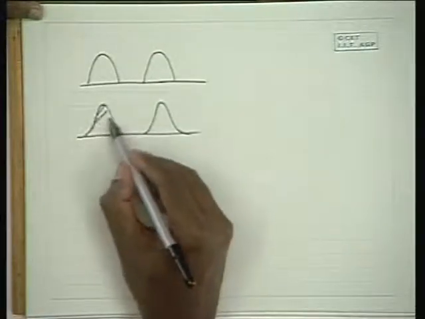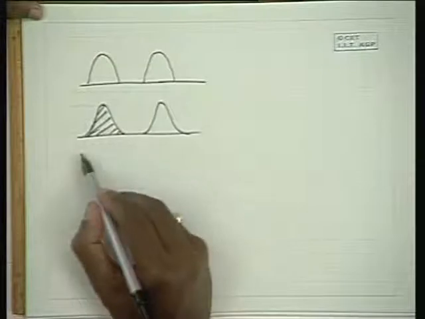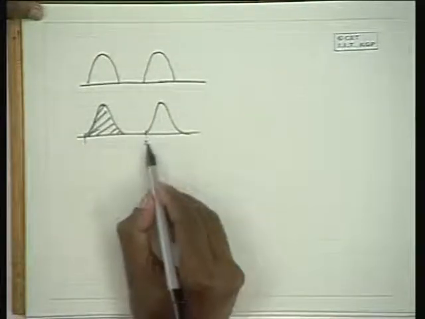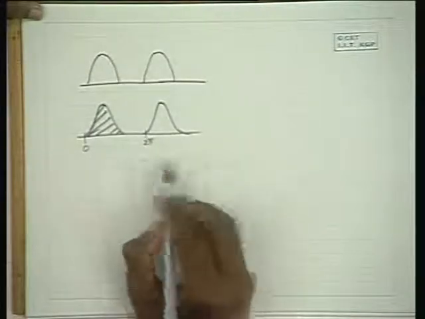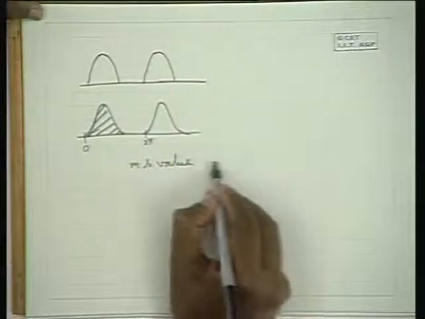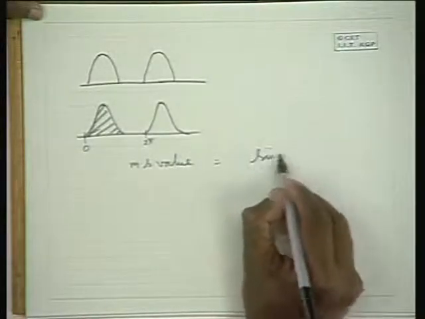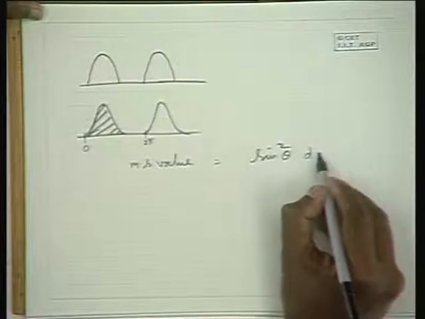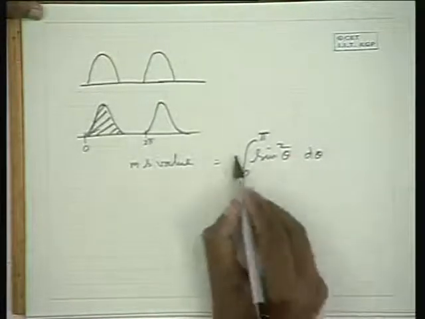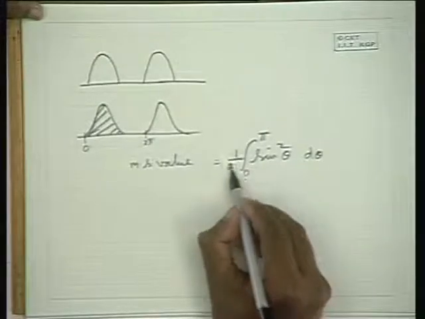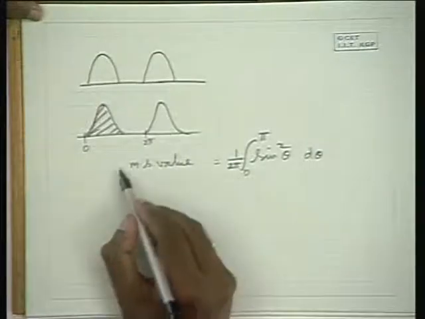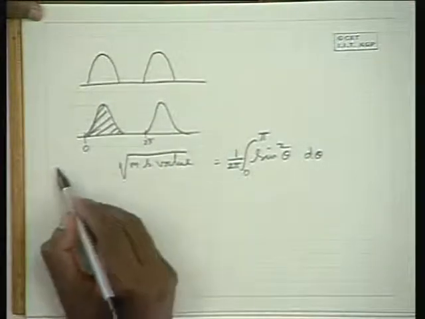And when you integrate the squared value, you will get the area. And when you divide it by 2 pi, you will get the mean square value. And the square root of this is the RMS value.